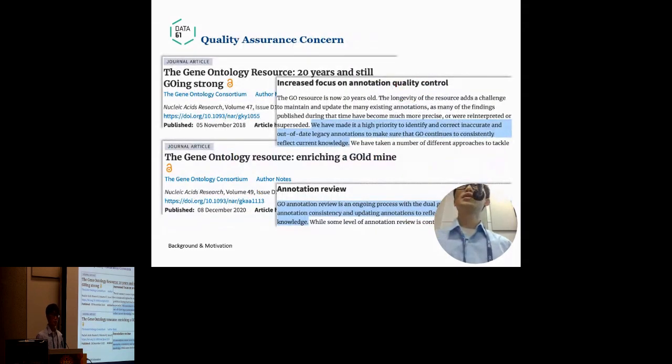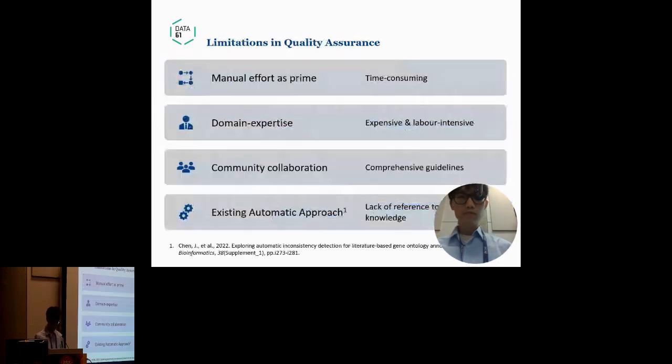Since 2018, the database community has placed a significant emphasis on prioritizing the task of database quality assurance. They focus on constantly reviewing the quality of existing annotations. However, the current quality assurance approaches have notable limitations. They are time-consuming. They heavily rely on labor-intensive manual literature review. They necessitate curators with domain expertise.